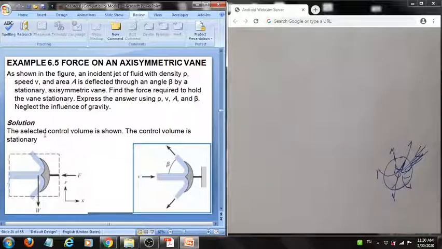So again, we choose a control volume. We want only a force in the x direction. The weight, we will neglect it.